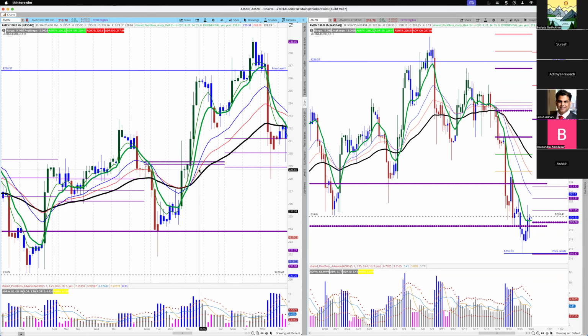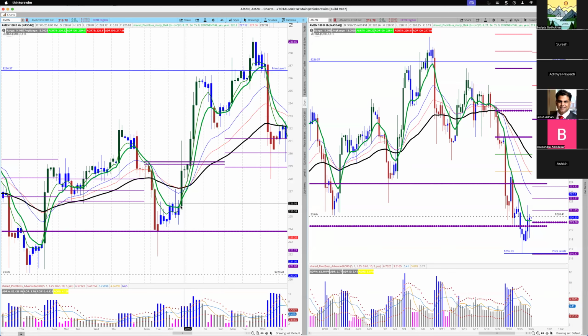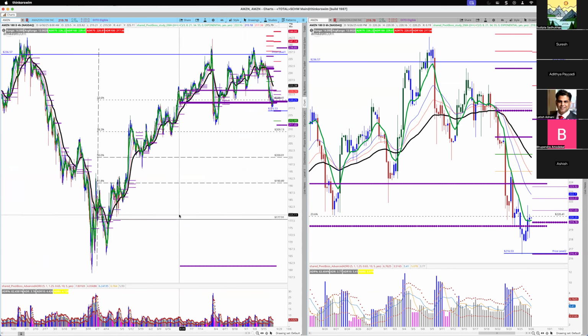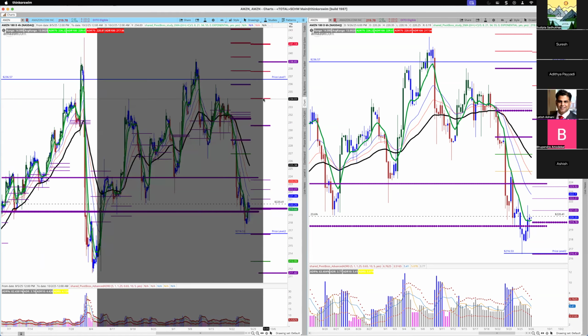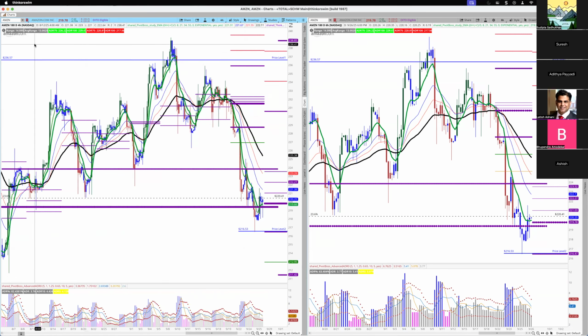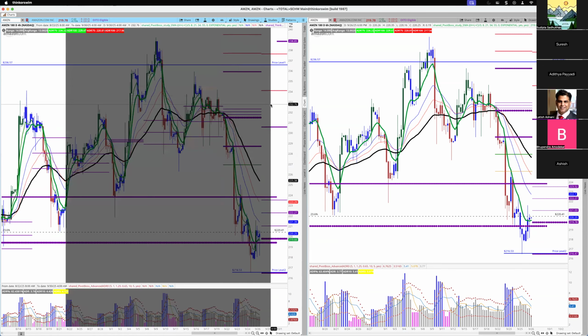One more thing. Currently I'm using this technique. I think it is called, let me find out. It was derived by Dr. Alexander Elder. Here what it does, it uses three colors: red, blue and green. Red means buying is prohibited.